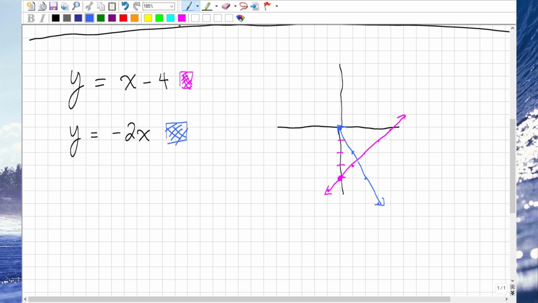So if I look at it, it intersects right here, which is about right in the middle of the two. So I'd say the intersection would be at, what is that, 1.5? So like 1.5. And then vertically, negative 2.5.